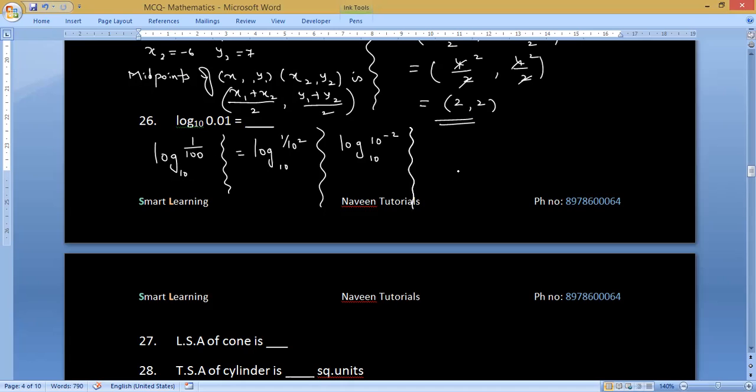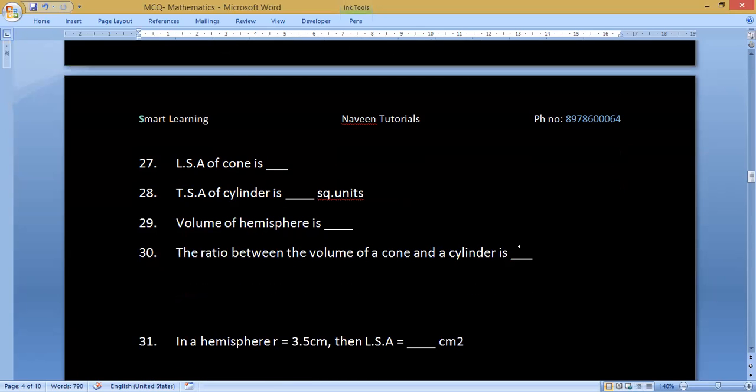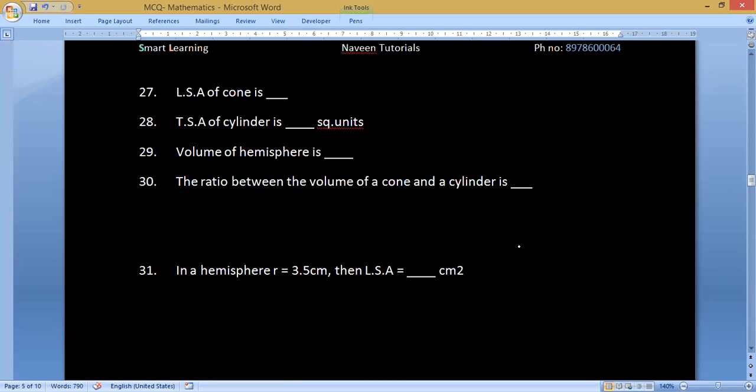Then minus 2 will be written in the front: minus 2 log 10 to the base 10. Log 10 to the base 10 is nothing but 1. So minus 2 into 1 is minus 2.